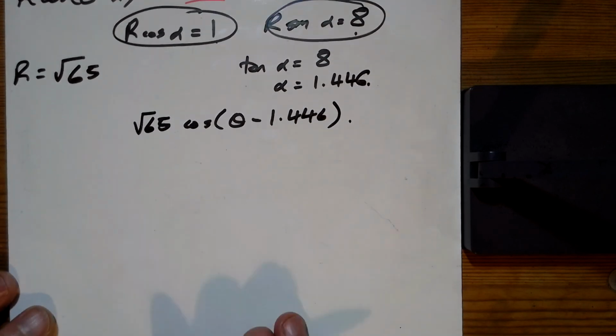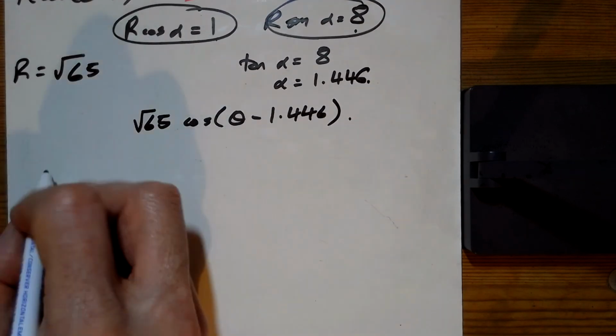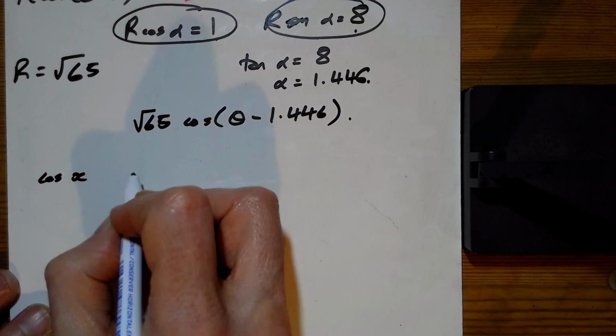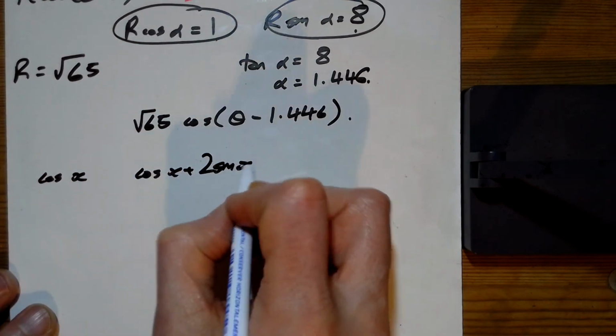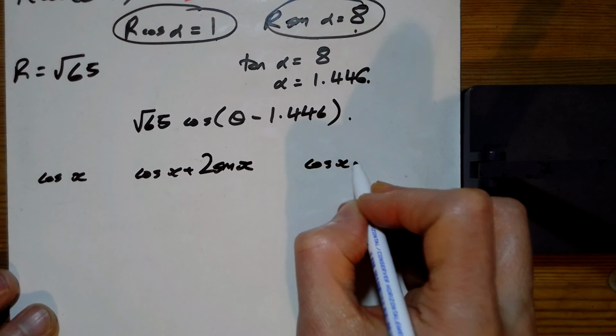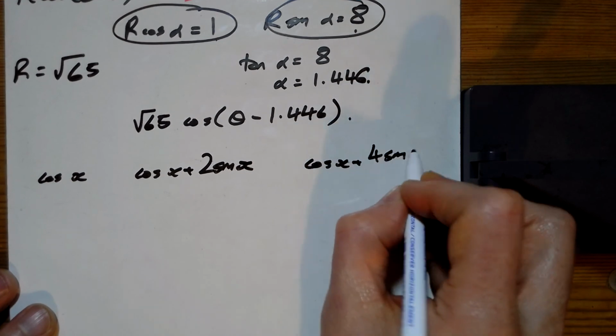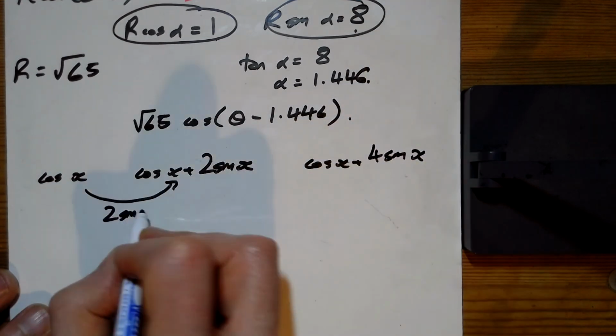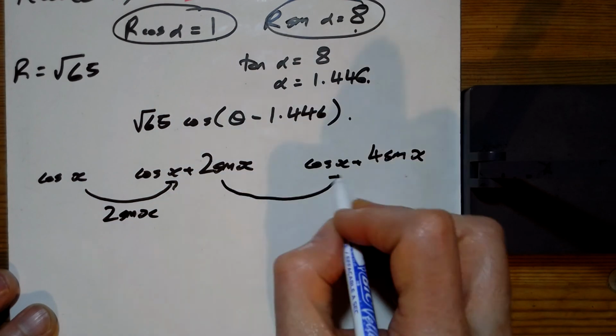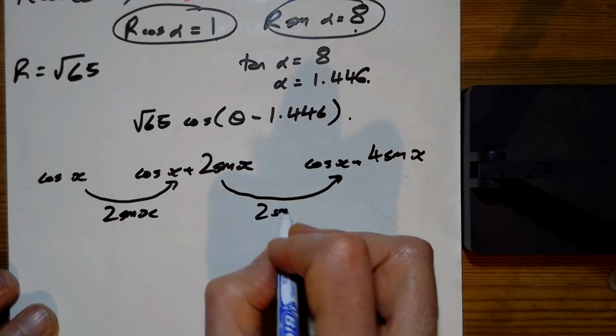And then this really creative part for the next one. We've got a sequence: cos x, and then cos x plus 2 sin x, and then cos x plus 4 sin x. So each time it's going up by an extra 2 sin x, and here to here another 2 sin x.